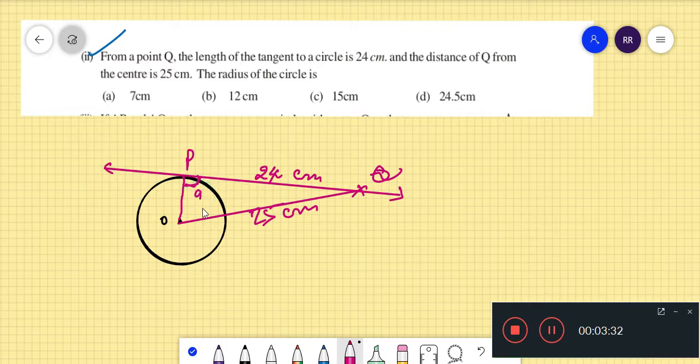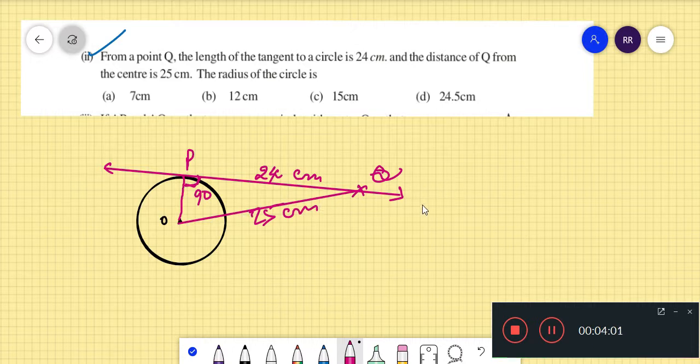Okay children, but here it is 90 degrees because the radius is always perpendicular to the tangent. So we get one triangle OPQ. In this OPQ, one angle is 90 degrees. In any triangle, if one angle is 90 degrees, then it becomes a right angle triangle. In a right angle triangle, Pythagoras says the sum of the squares of the two sides is equal to the square of the hypotenuse.